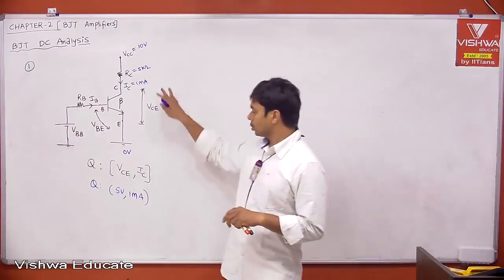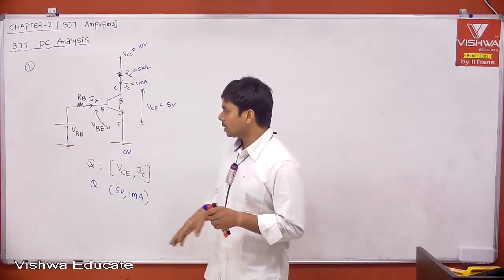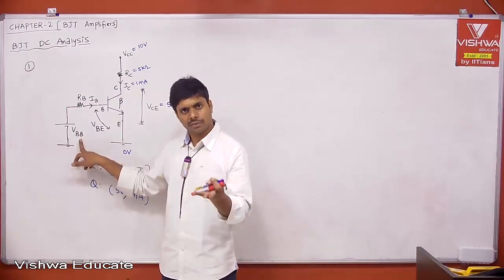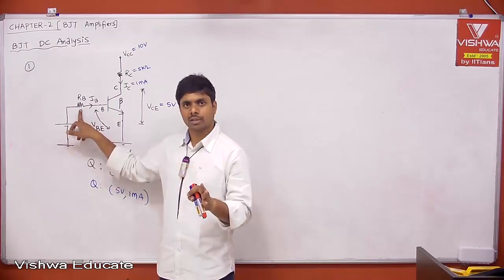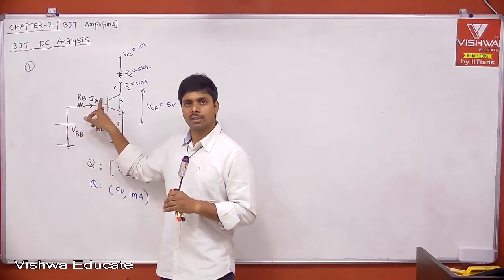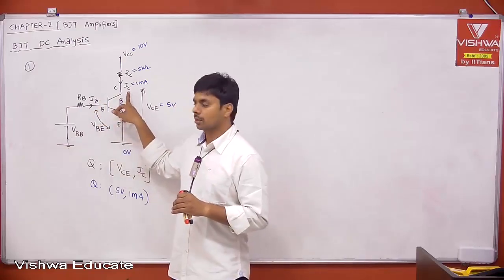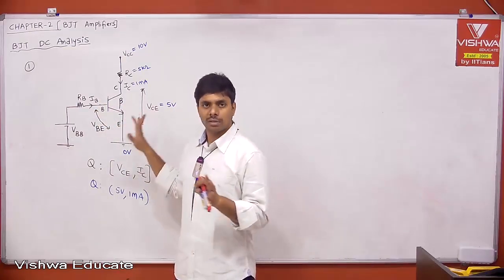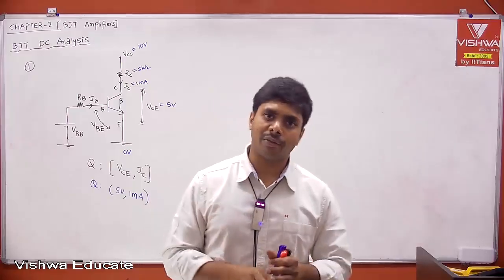Therefore, whatever operating point you set, can I say your VBB fixed? Fixed. RB fixed. IB fixed. IC fixed. VCE fixed. That is what we are getting. We are trying to get Q point fixed.